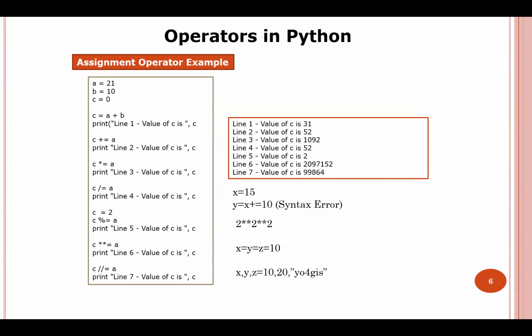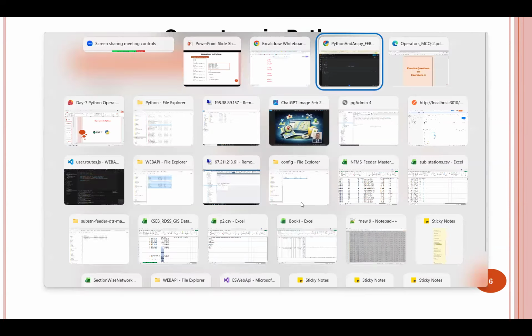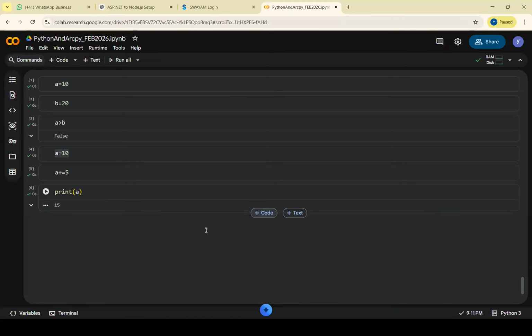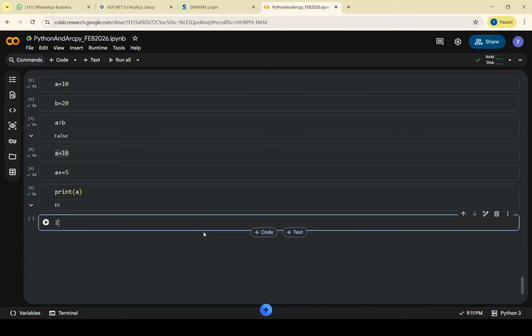Now after that, here we have many examples. Let's suppose this one, 2 into 2 into 2.